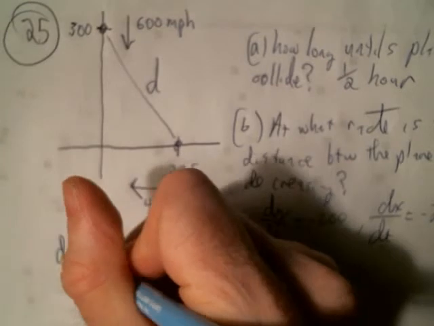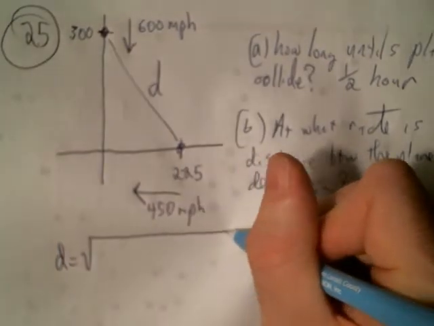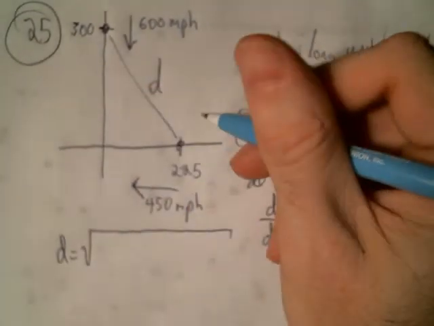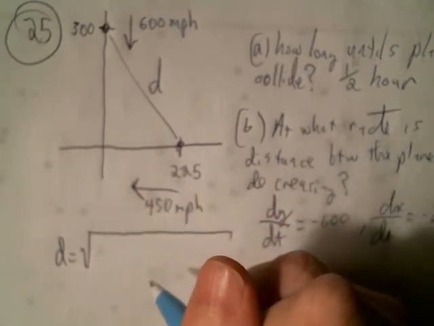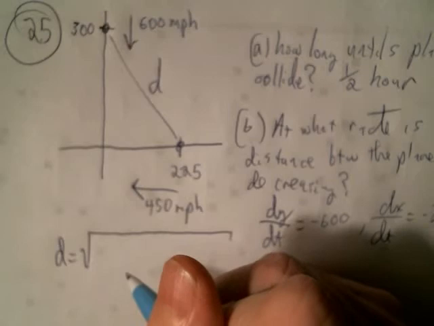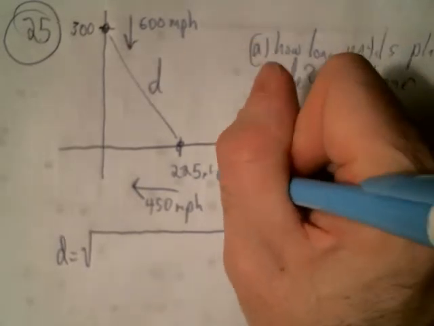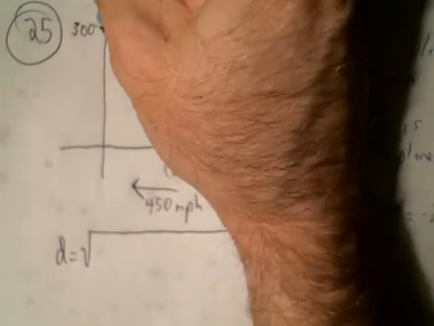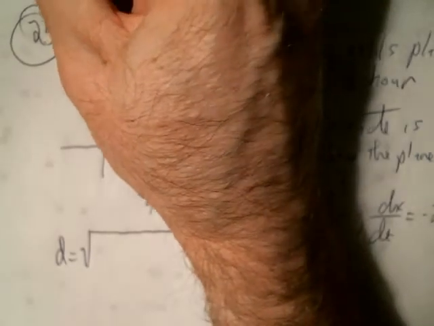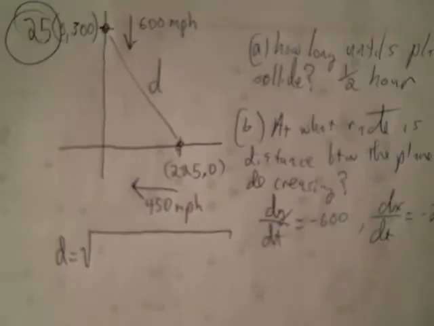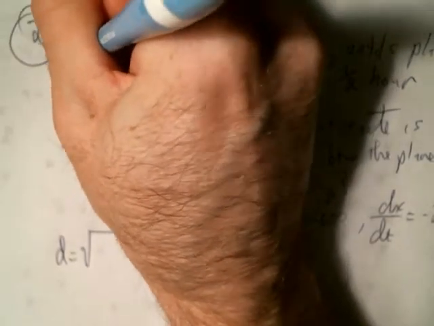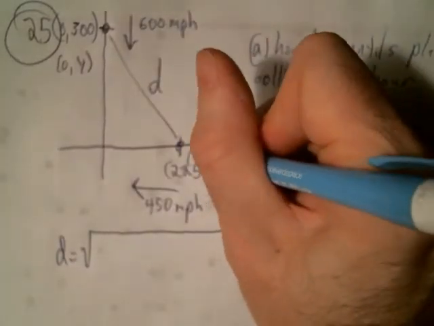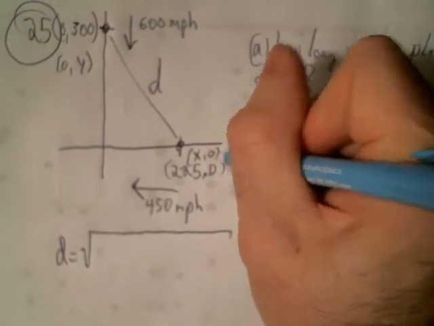So d is equal to the square root of x minus 0 and then y minus 0. So this point is 225, 0, and this point is 0, 300. And in general, this will be the point 0, y, and this is the point x, comma 0.